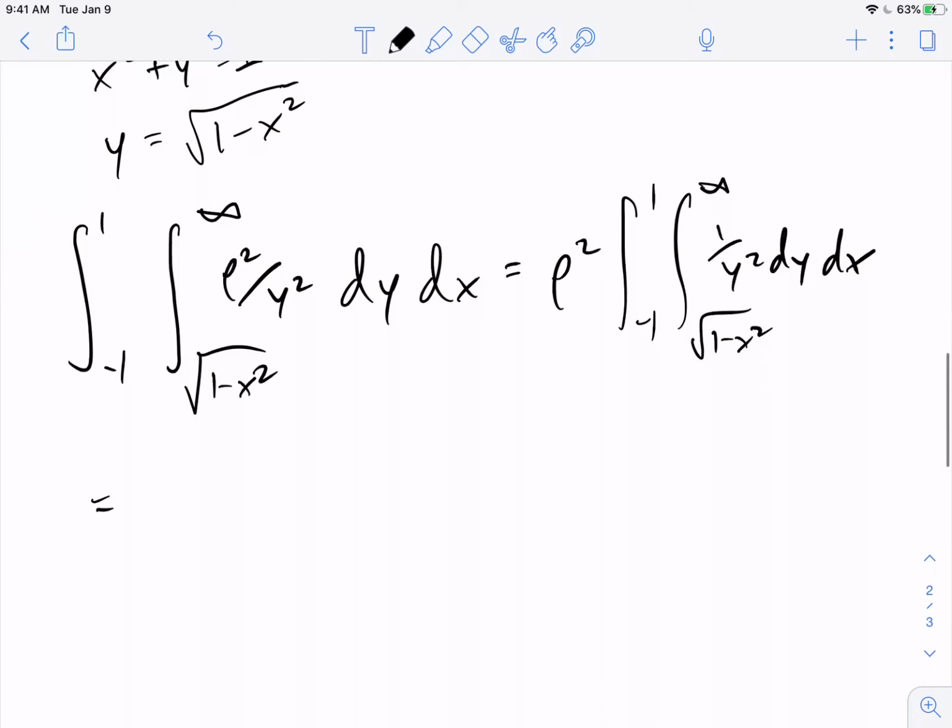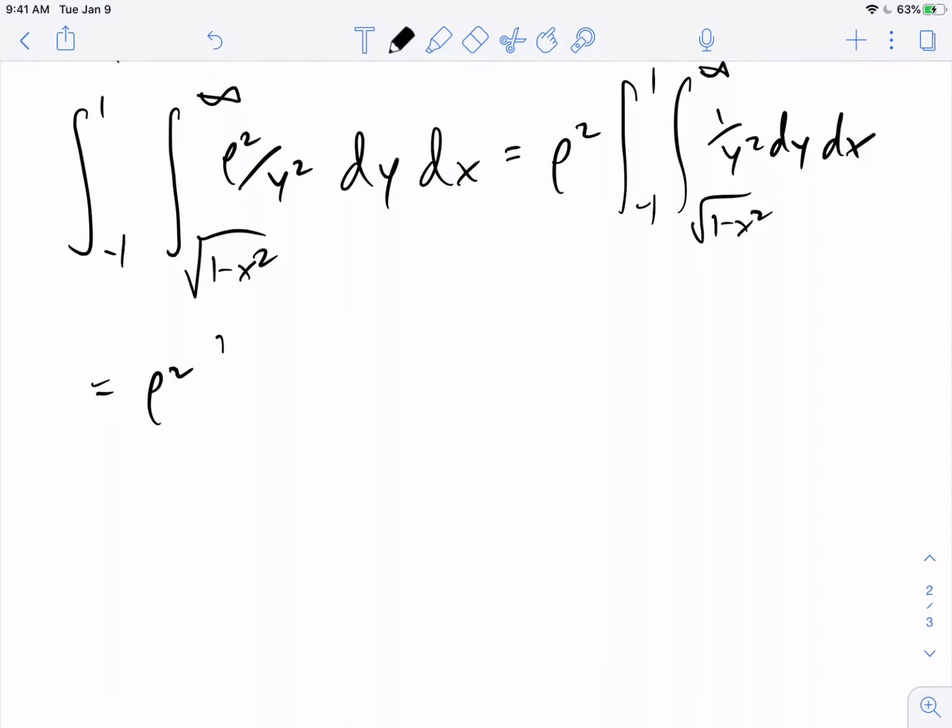So this is equal to rho squared. So far the x part's just going along for the ride. Negative 1 over y. This is a little bit abusive notation, as many of you know. From the square root of 1 minus x squared to infinity. That's the abusive notation. Technically, we should write this as a limit. Dx.